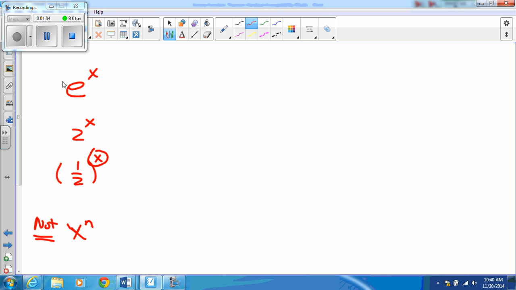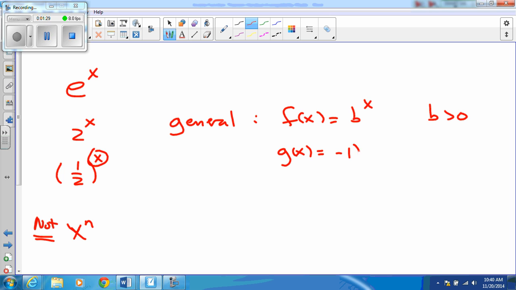We also have a requirement on the base. The general exponential function is going to be f of x equals b to the x, and the base has to be greater than 0. The reason for that is that if I allowed, for example, the base to be -1, if I had g of x equals -1 to the x, then I would end up with all sorts of strange things.